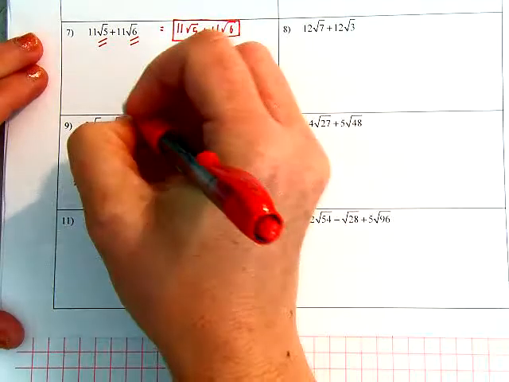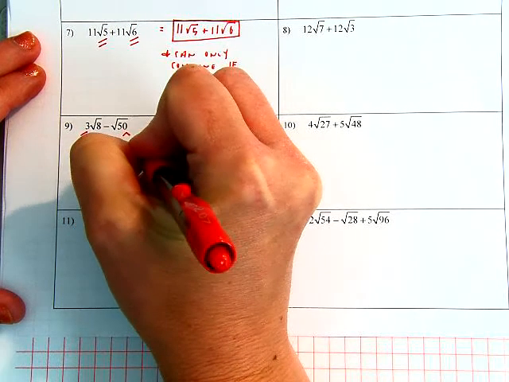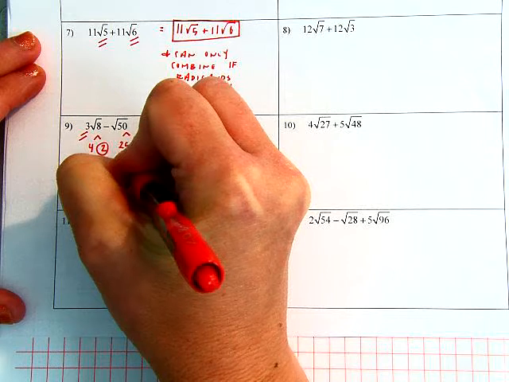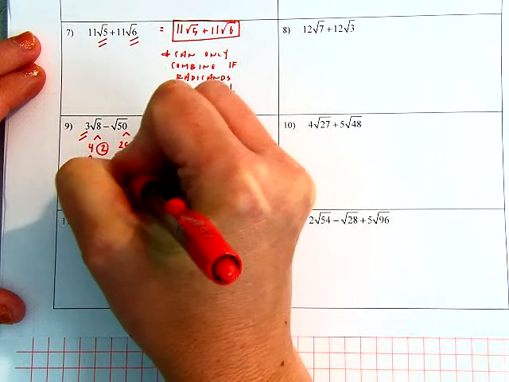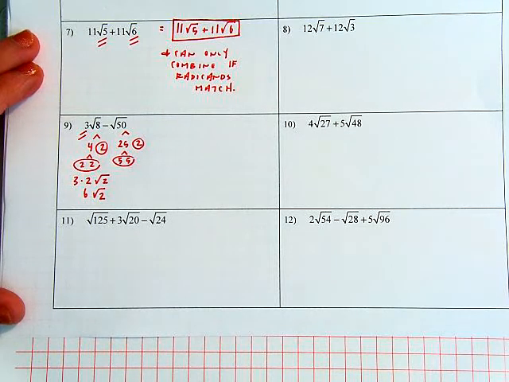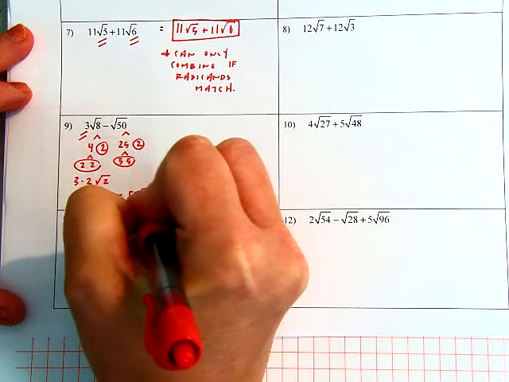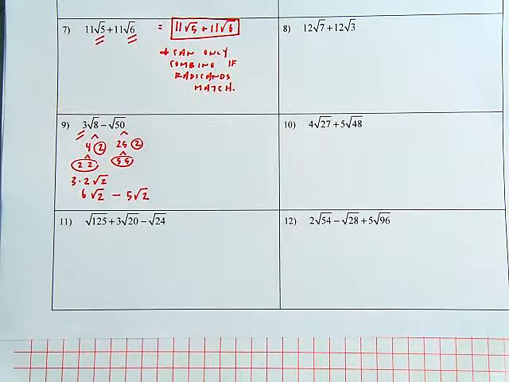And the square root of 50, I know that simplifies also. That's really 25 times 2. That 25 will give me a pair of 5's. So the square root of 50 is really the same thing as 5 square root 2. So now, once I've simplified each individual term, I have 6 square root 2 minus 5 square root 2.